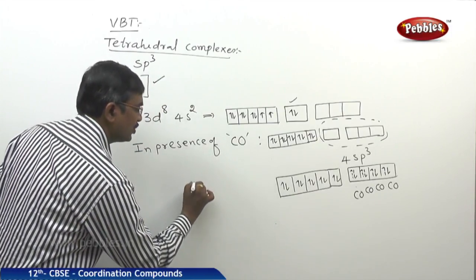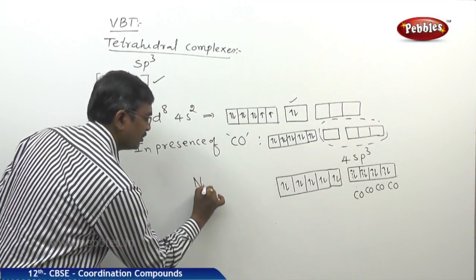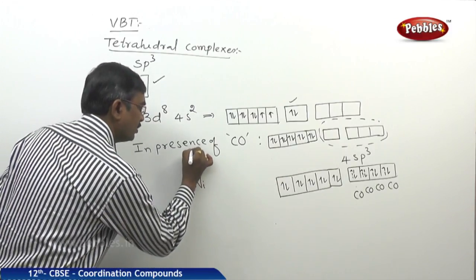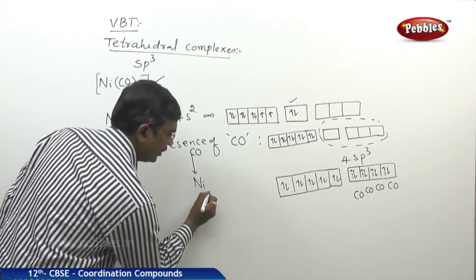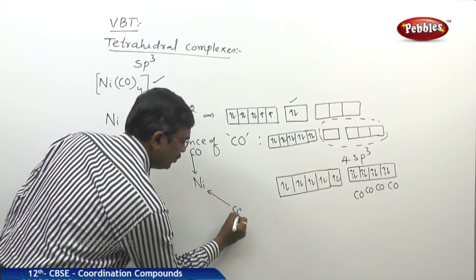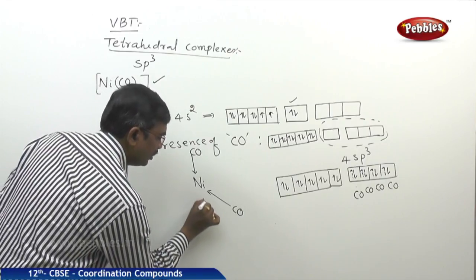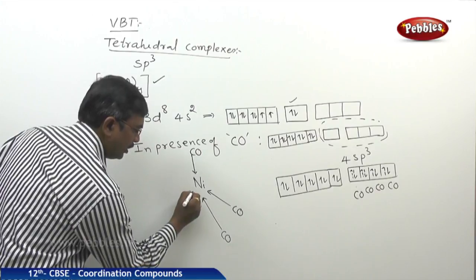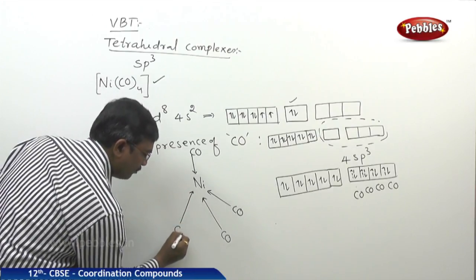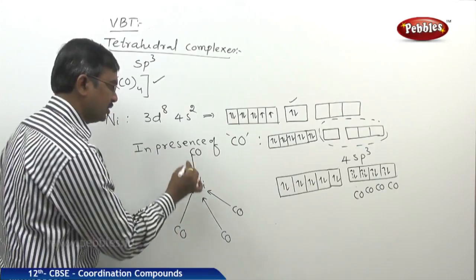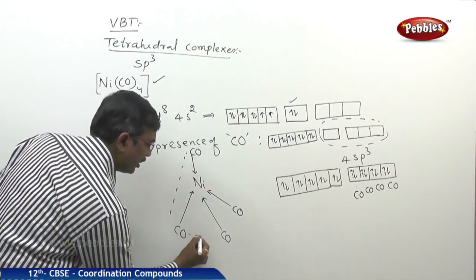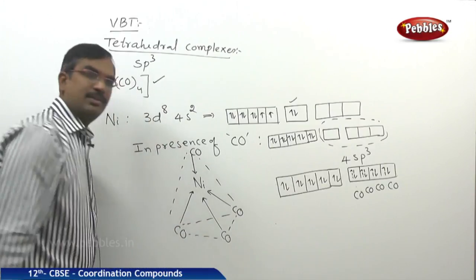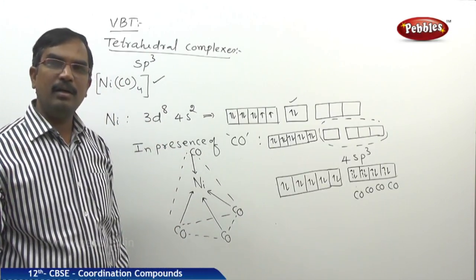Now see the geometry of this. It is a tetrahedral geometry, with nickel as the central atom and four CO ligands around it, a tetrahedral arrangement of nickel tetracarbonyl.